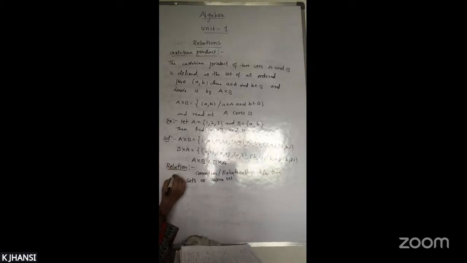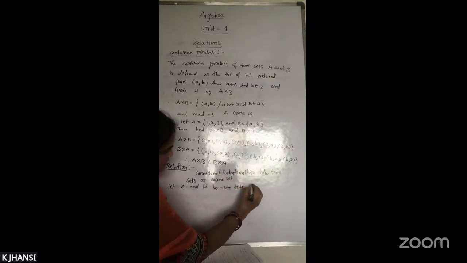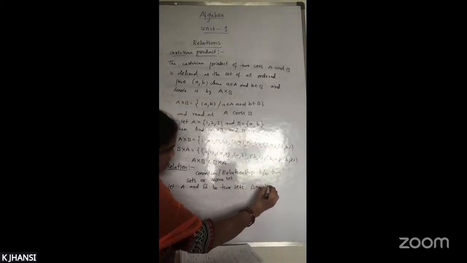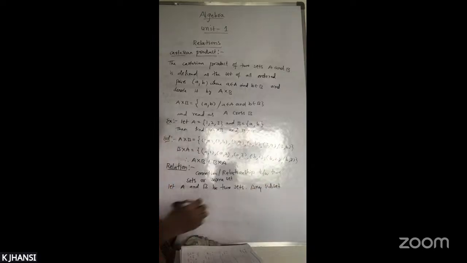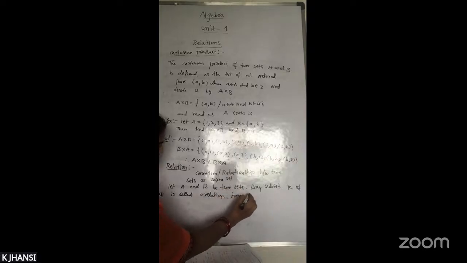So I am writing the definition here: let A and B be two sets, any subset R of A cross B is called a relation from A to B.